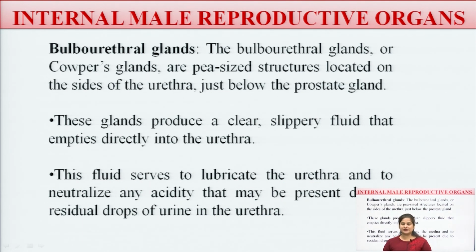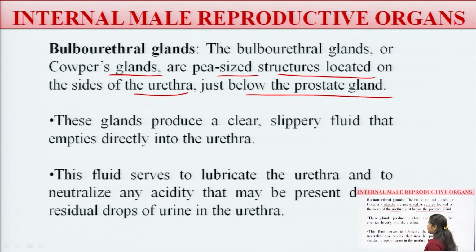Next are the bulbourethral glands. These are the Cowper's glands, and they are pea-sized, very small structures located on the side of the urethra just below the prostate gland.